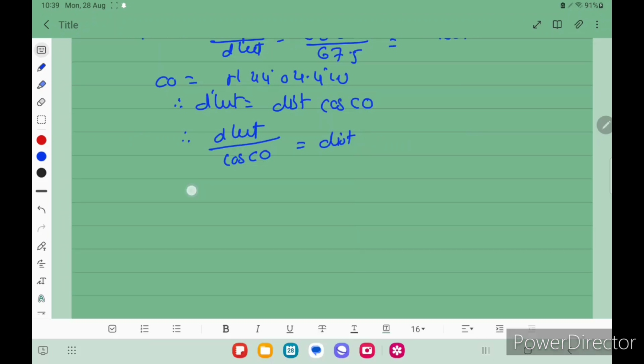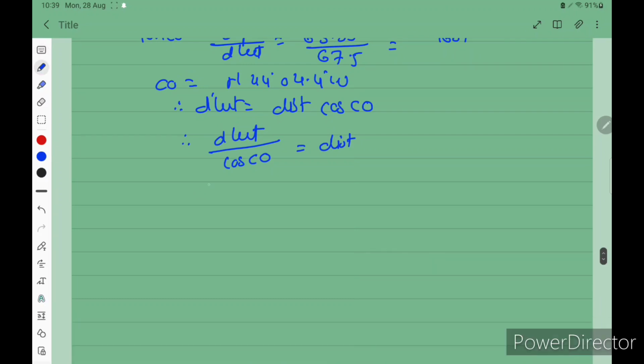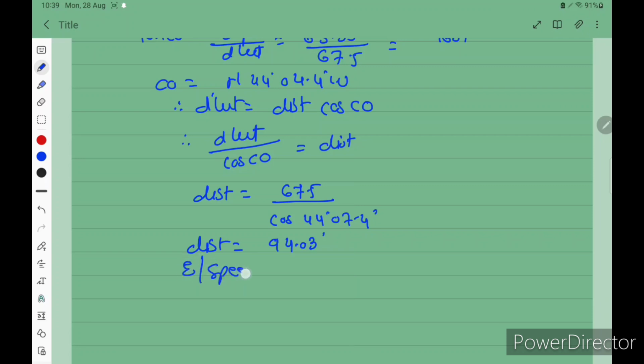Now distance is equal to 67.5 divided by cos, put the value 44 07.4, and we get the distance is equal to 94.03 minutes. So engine speed, we have the distance, we have the time, so 94.03 divided by 5, so we get 18.8 knots engine speed.